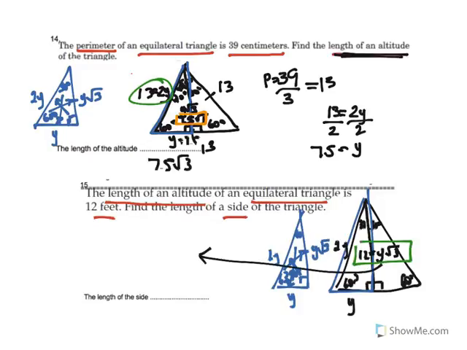I look for the number in the figure, and that becomes my equation. I solve this over here. 12 equals y square root of 3. Divide by the square root of 3 on both sides, y equals 12 square root of 3 over 3. Y equals 4 square root of 3.